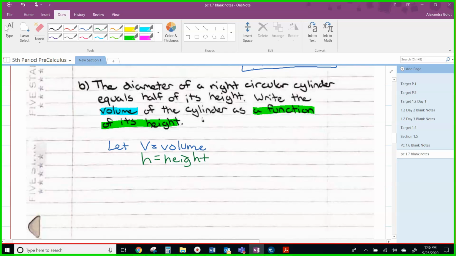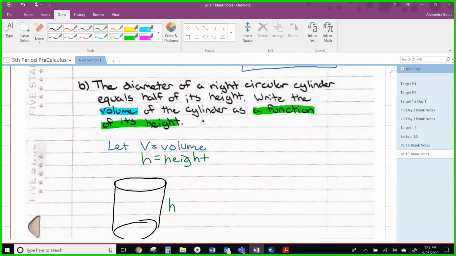So again, we're talking about a cylinder here. So let me draw a cylinder. I know we're going to use this h. I know the height is just going to be h because that's one of my variables. Anything else I need to put in terms of either v or h.